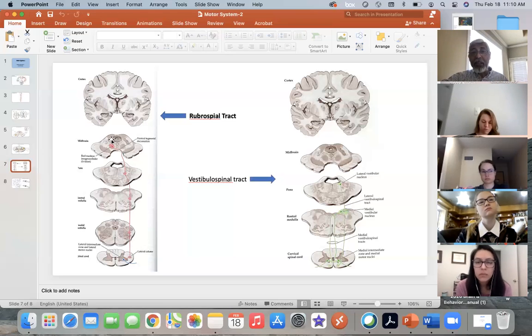Now, the supporting tract for the vestibulospinal is the pontine reticulospinal. So vestibulospinal tract along with pontine reticulospinal tract will keep you upright. Okay, at least remember VIP.